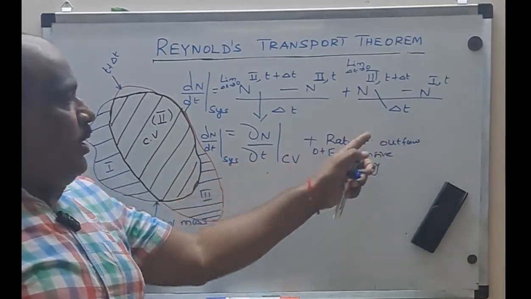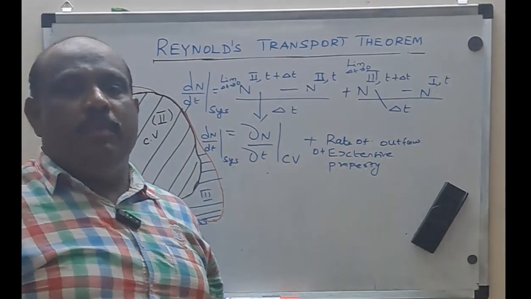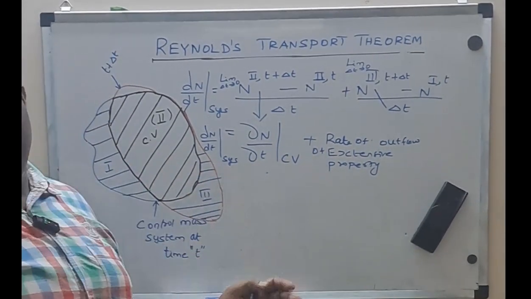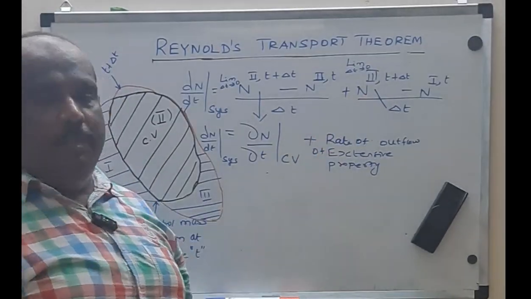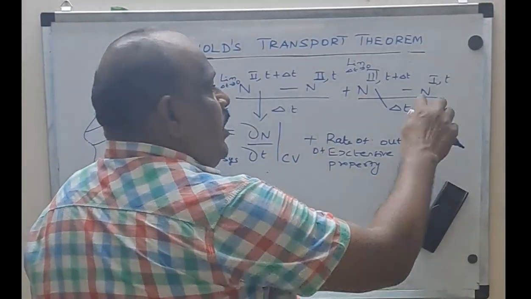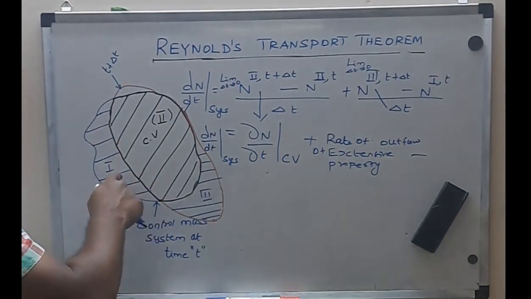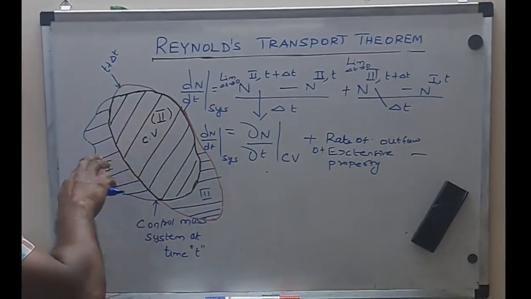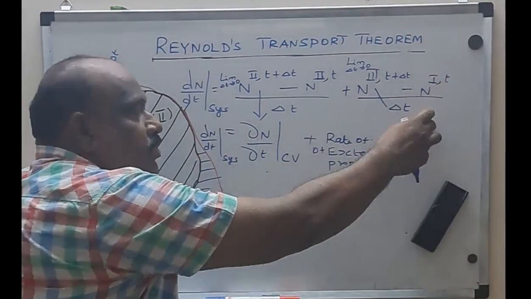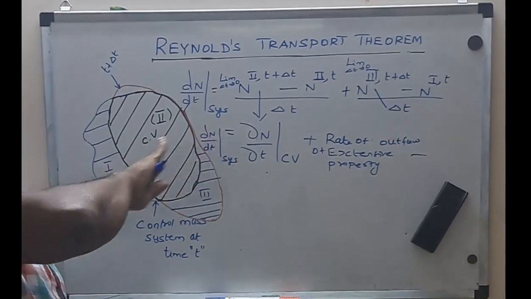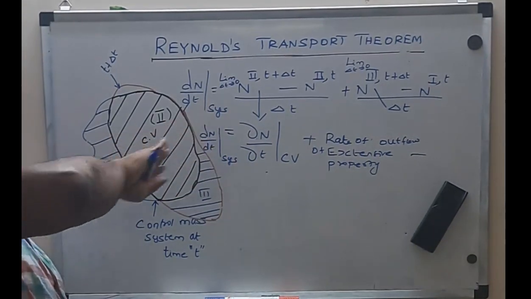When I am taking this one, the corresponding expression is nothing but the rate of outflow of extensive property from the control volume, given by this particular term. What about this term? Can anyone tell what is n of 1 comma t? What is one domain? This domain, with respect to the control volume. So it's nothing but what? This is also the rate of change of the extensive property, but instead of outflow, it is inflow, because it is how much property is entering into the control volume.